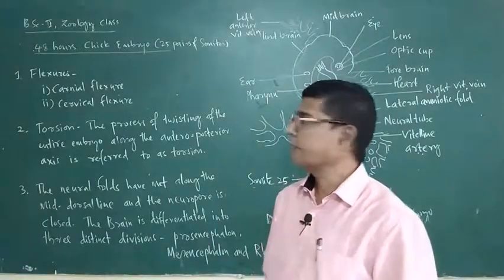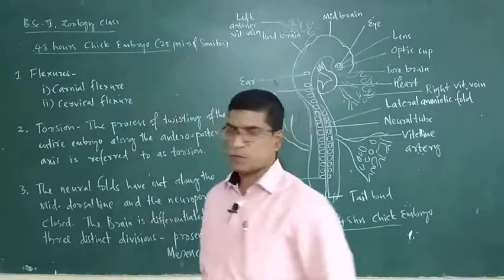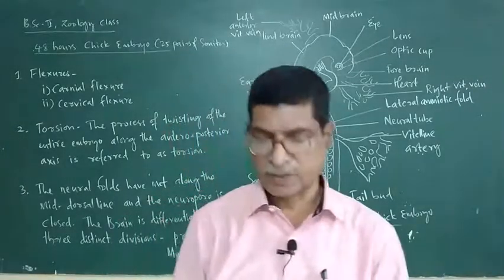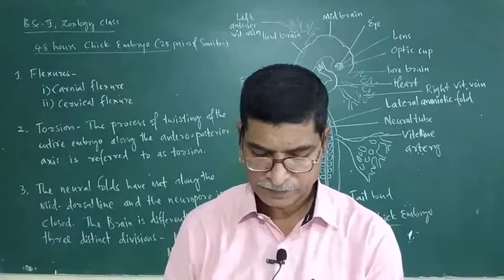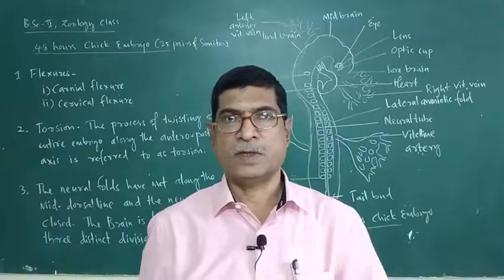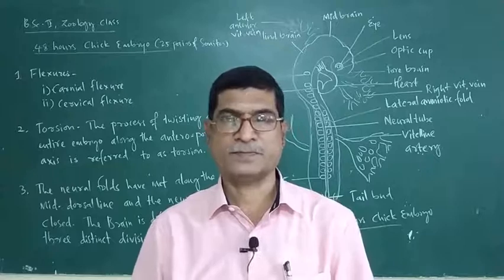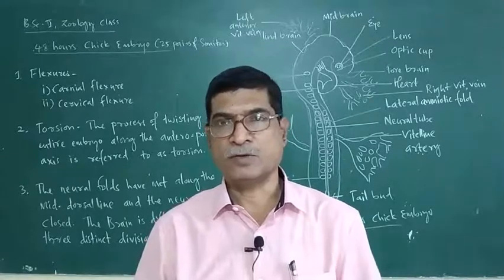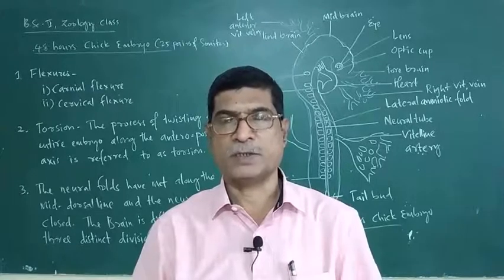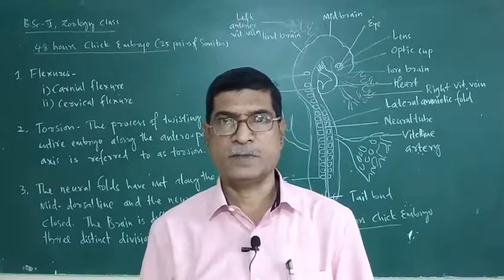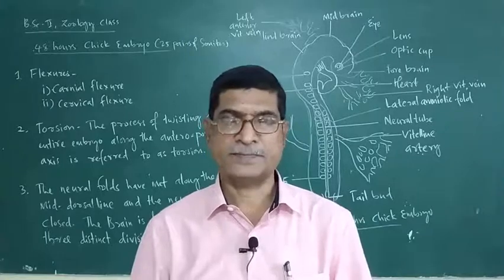So 48 hours chick embryo has 25 pairs of somites. Actually, in 48 hours there should be 28 pairs of somites. As I told you, after 20 hours of incubation, for every 1 hour of incubation, 1 pair of somites is added.